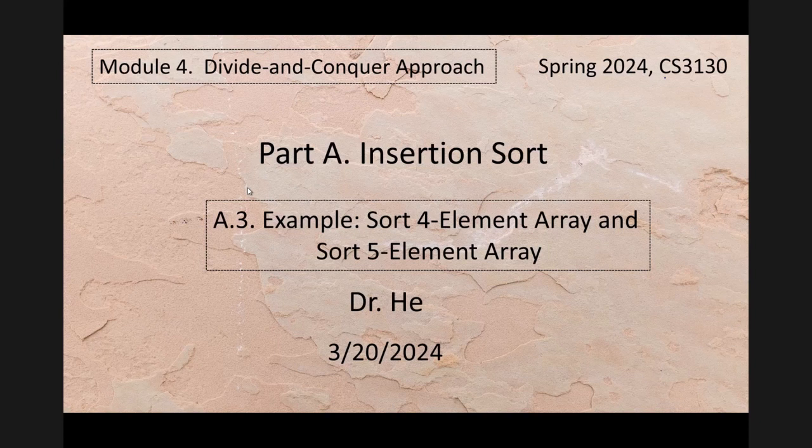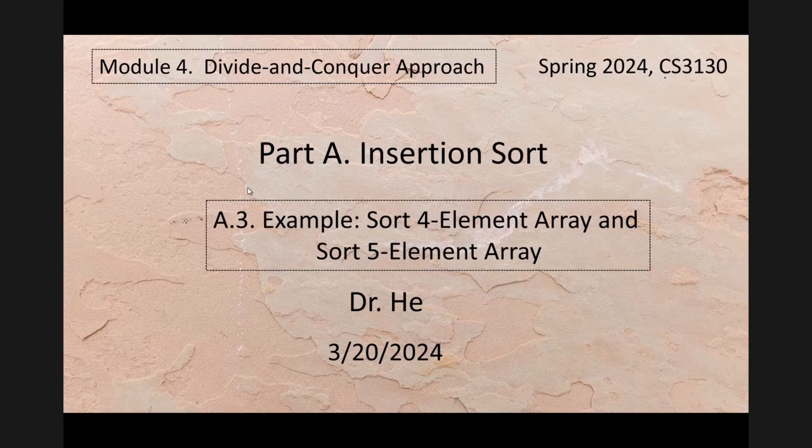First, let us sort a 4-element array. Do any of you know what is the best solution to sort a 4-element array? 3 we know, right? Sorting a 3-element array takes 3 comparisons.